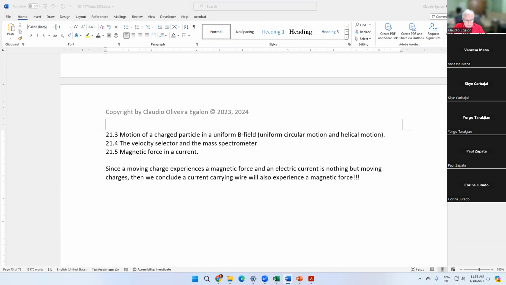Okay, we start here with the magnetic force, qvB sine of theta. But remember, very important, we can go ahead and here write our equation.